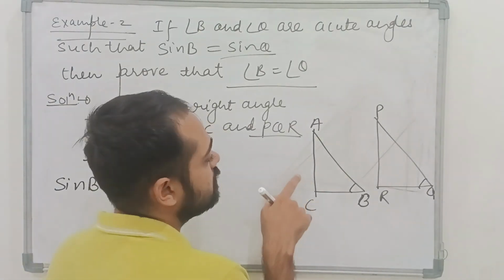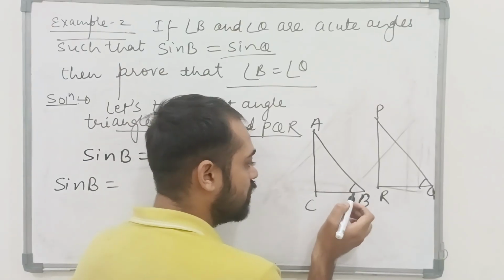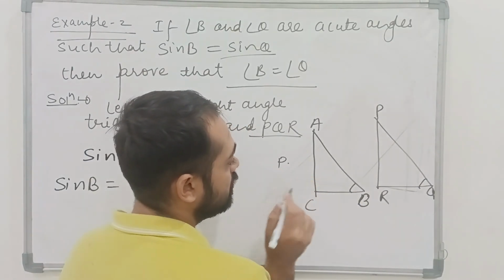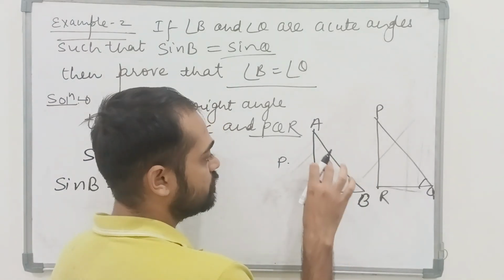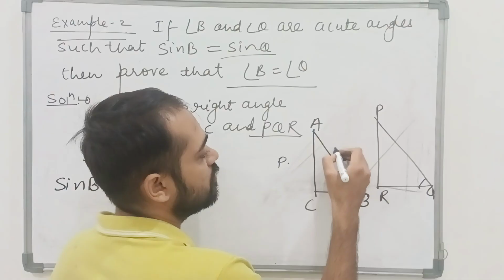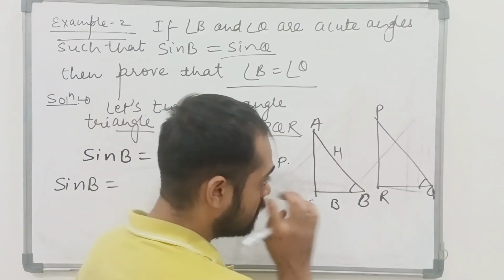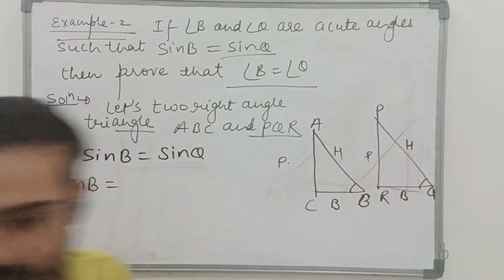The side in front of the angle we want to find is the perpendicular, and of the remaining two sides, the bigger one is called the hypotenuse, and the remaining is the base. Okay, this is the perpendicular, hypotenuse, base.